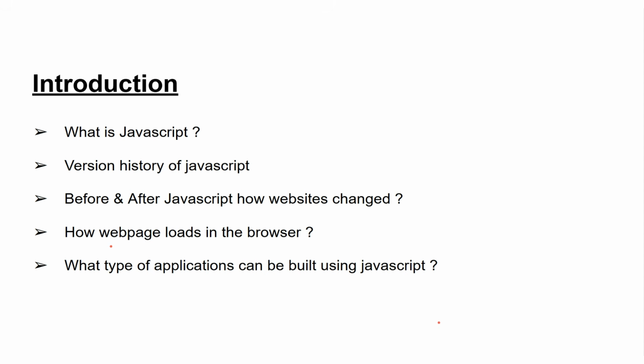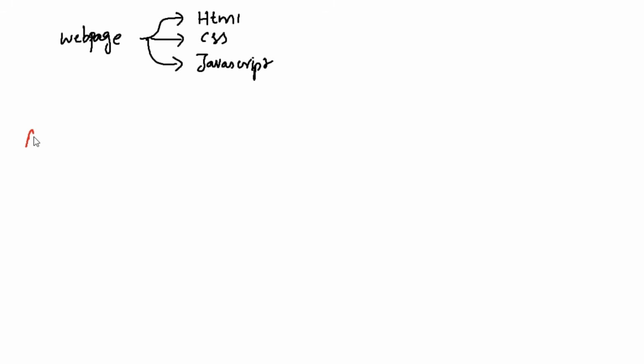Now let us learn how the web page loads in the browser. What does the web page contain? The web page will contain HTML files or HTML resources, CSS and JavaScript. So we need to find out when these three things are loaded. Let us suppose I am requesting the Amazon website.